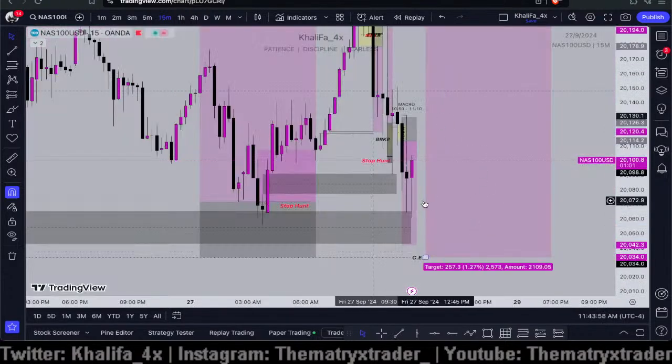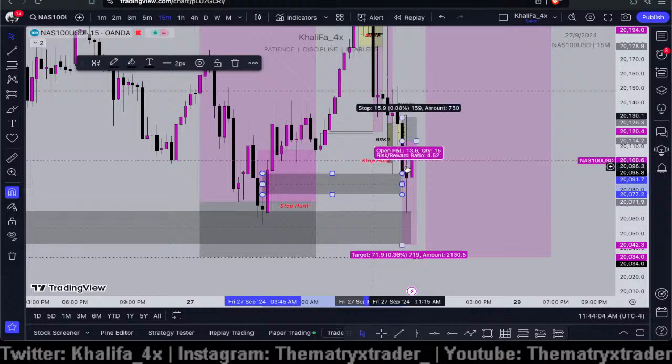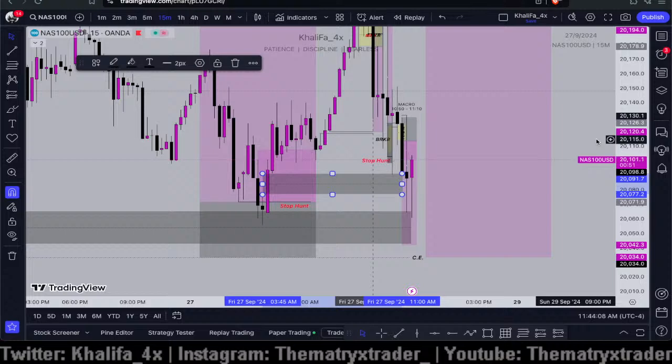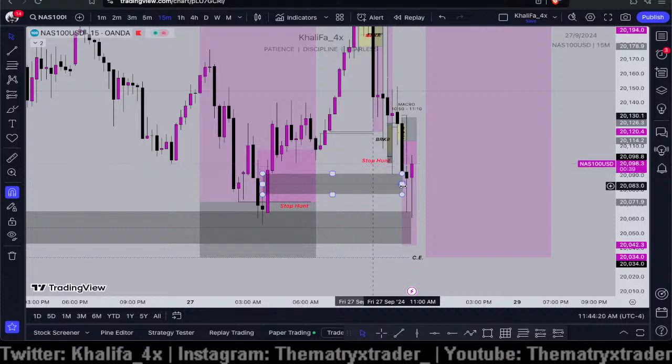Now this fair value gap is still not become an inversion, which shows the willingness to go lower, like extremely lower.